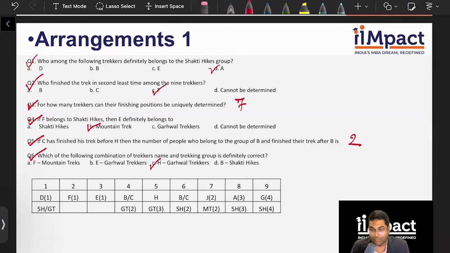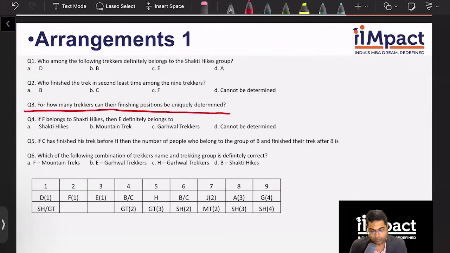One more thing, guys. Let's say I was not solving this set. This is a set I was skipping. Even then, if you look at question number 3, for how many trekkers can their finishing position be uniquely determined? Let's say I don't have this table, I've not solved it.